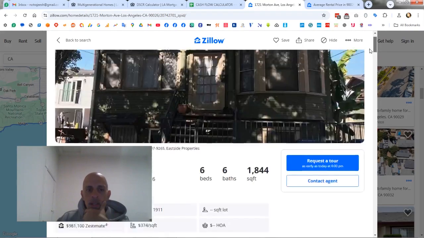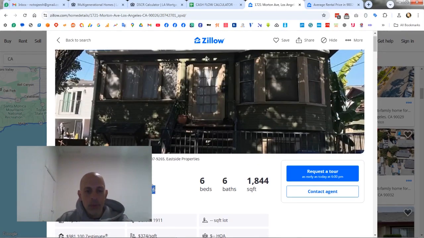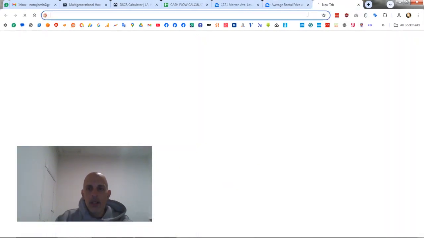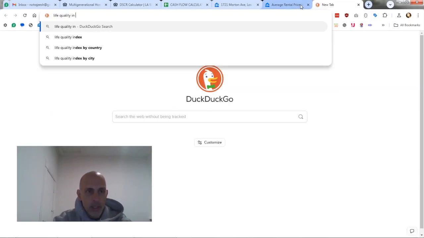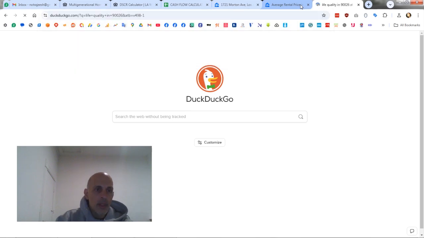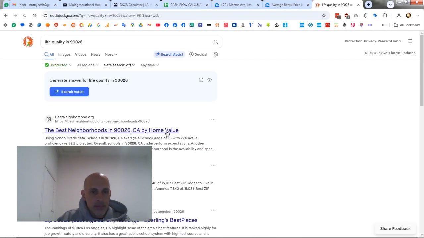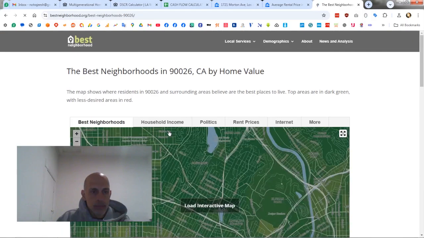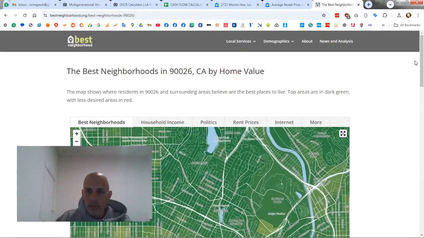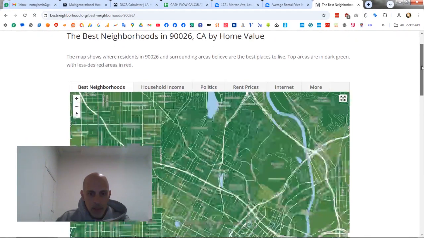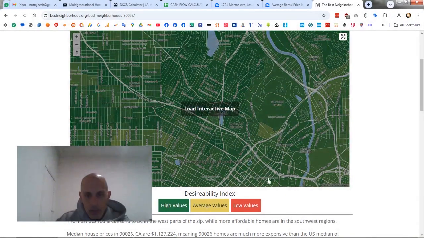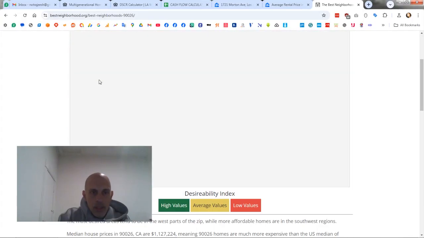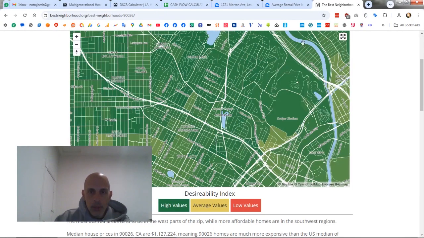Let's see what this area is actually like. 90026. I want to see life quality in, so this looks like, once this loads up.